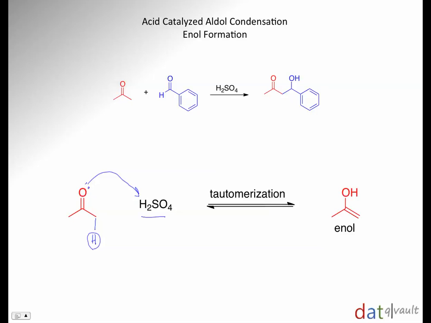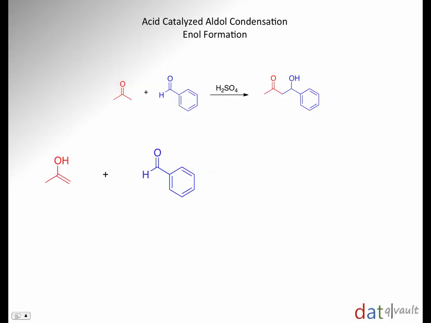It's the enol that acts as the reactant that will condense onto benzaldehyde in this reaction. The condensation of the enol with benzaldehyde looks like this. A lone pair of electrons comes down from the enol, then the double bond will attack the electrophilic carbon of the aldehyde, pushing the electrons from the double bond up onto oxygen.